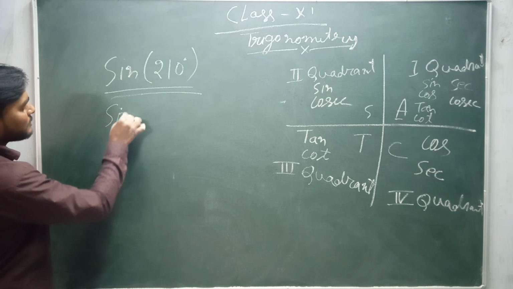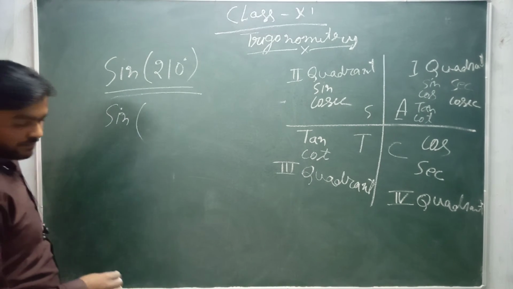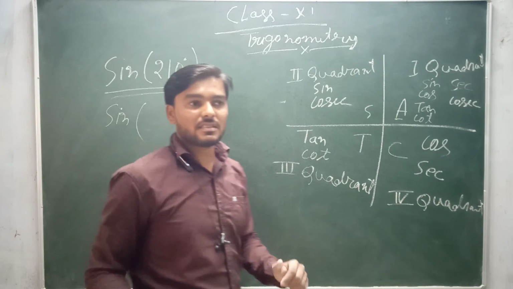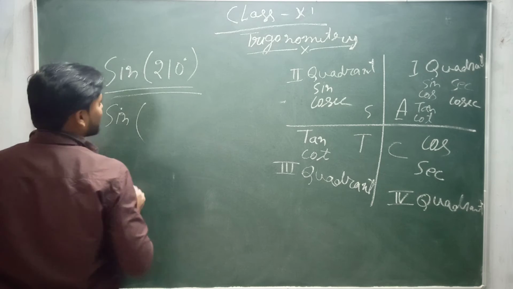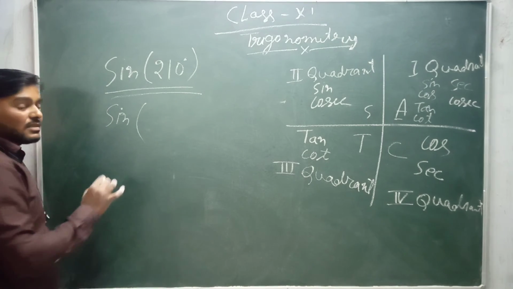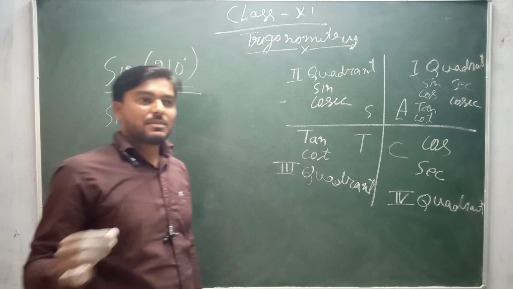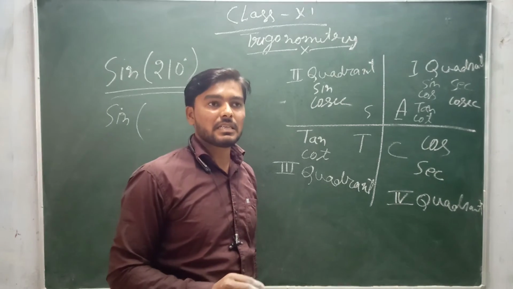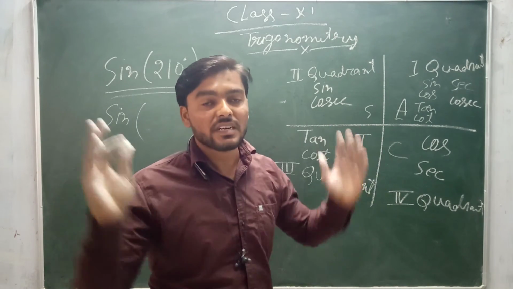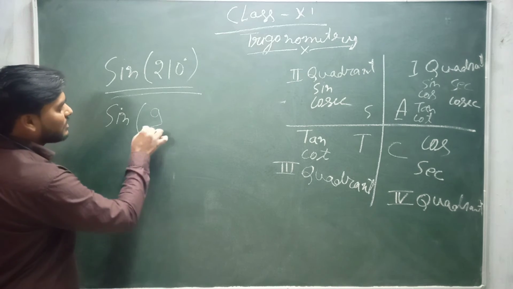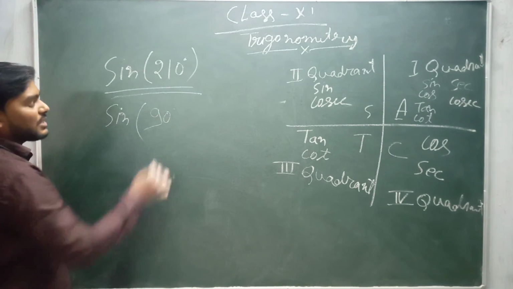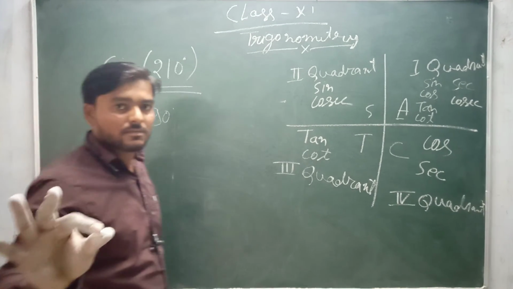Sine. Just break the given angle into smaller pieces, that is 210. That breaking must be with a multiple of 90. Just write 90.